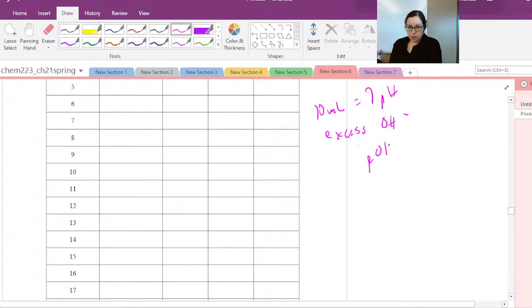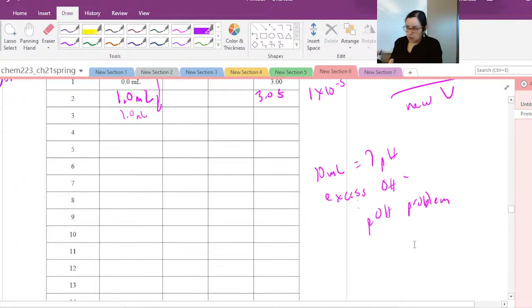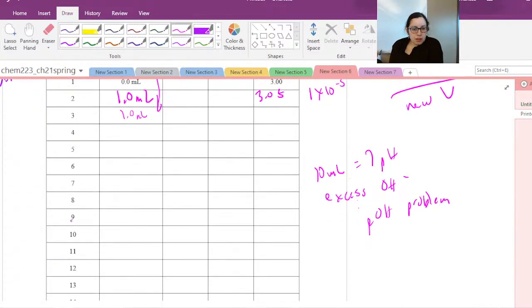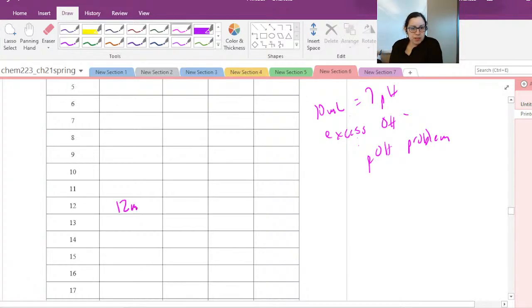And so then it turns into a POH problem, which we could do a sample if we wanted. All right, so let's do a sample. So let's just jump ahead. So let's jump to 12 milliliters of NaOH.